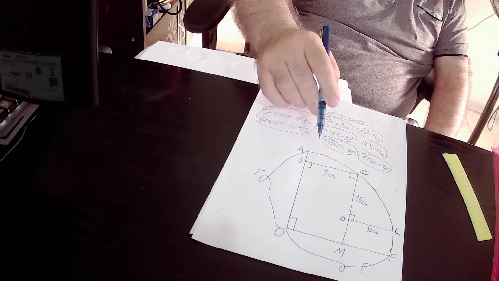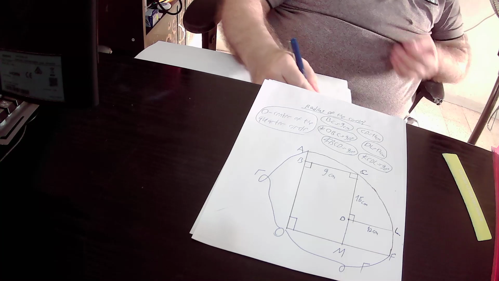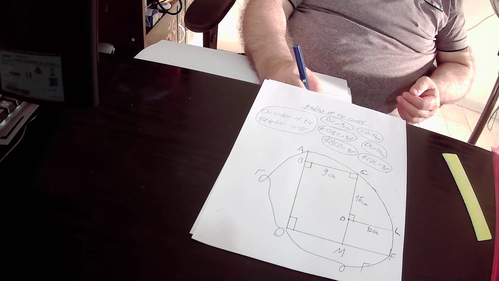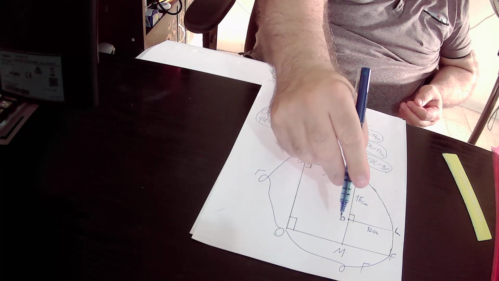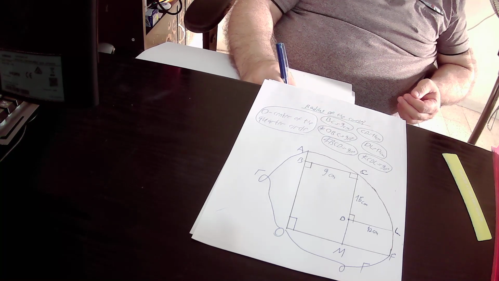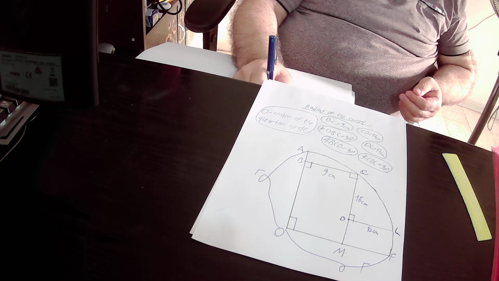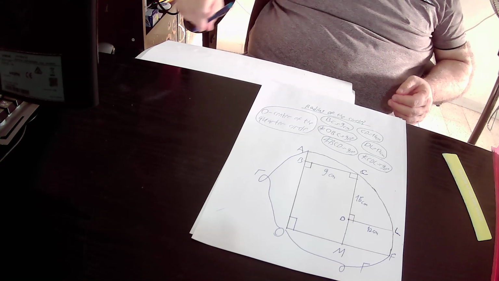I repeat again, inside quadrilateral BCOM we have 3 right angles, and the sum of 3 right angles is 90 times 3, which is 270 degrees, plus the size of this angle that is actually angle DMO. In total, the sum of those 4 angles must be equal to 360 degrees, according to the rule that the sum of the angles in any quadrilateral is equal to 360 degrees.